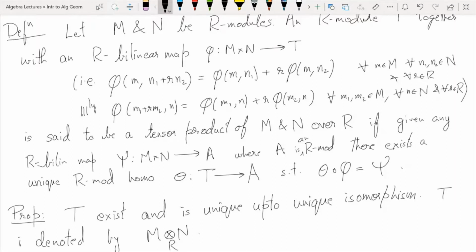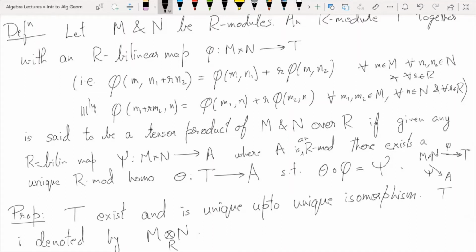So maybe I'll draw a small picture here. The map from M cross N to T is sometimes called the structure map. And you have another bilinear map to A, which is denoted by psi.